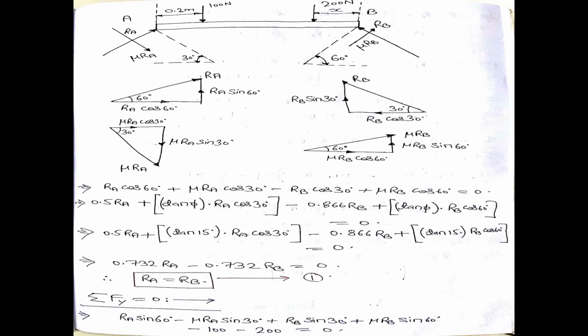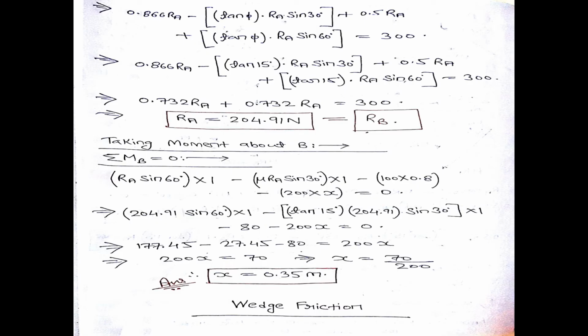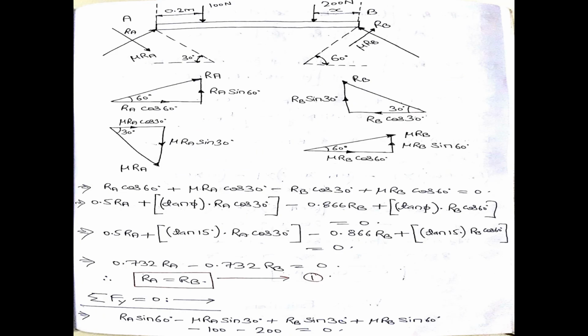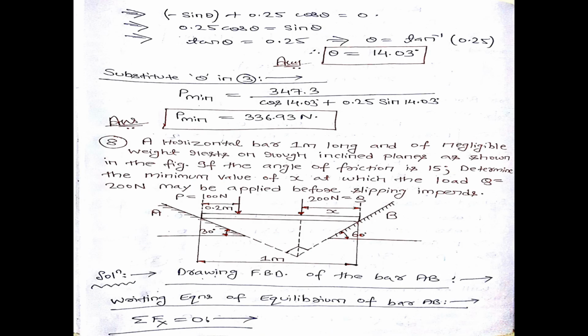So for this problem, when you substituted summation Fx equal to 0, you got one equation, RA is equal to RB. Secondly, when you substituted summation Fy equal to 0, you got the value of RA, which is 204.91 Newton, and that is equal to RB. But what I need to find out in the question is the value of x. Summation Fx equal to 0 and summation Fy equal to 0 will not give the value of x.